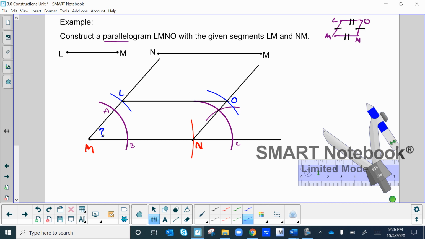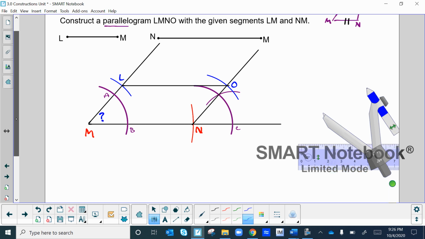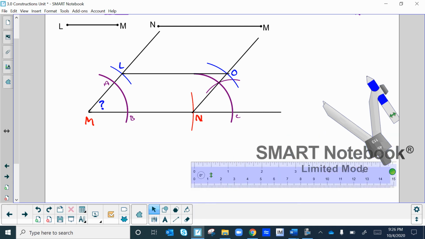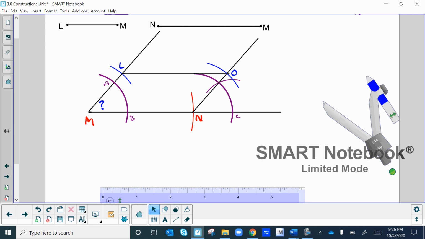I want to show you one other way to make this parallelogram, because you should know that opposite sides are congruent. I'm not sure how well you remember, but I kept stressing this in class: when you have opposite sides parallel, it forces opposite sides to be congruent.